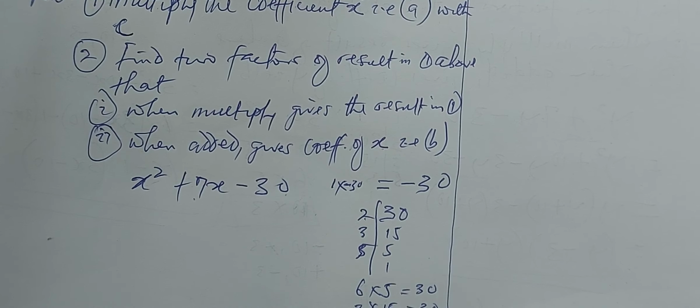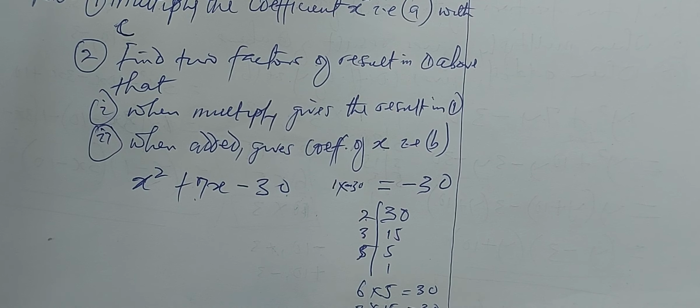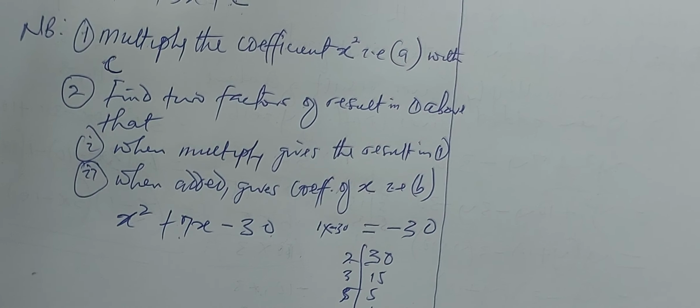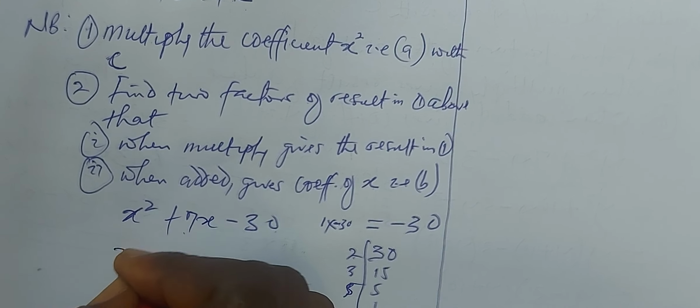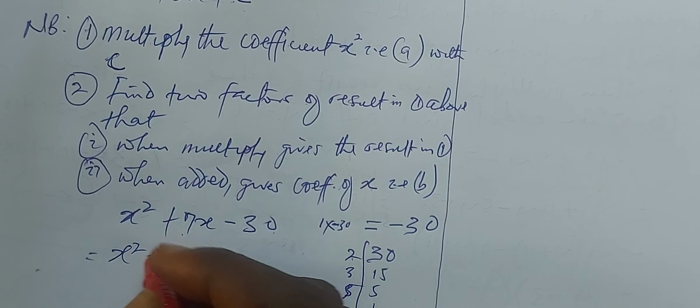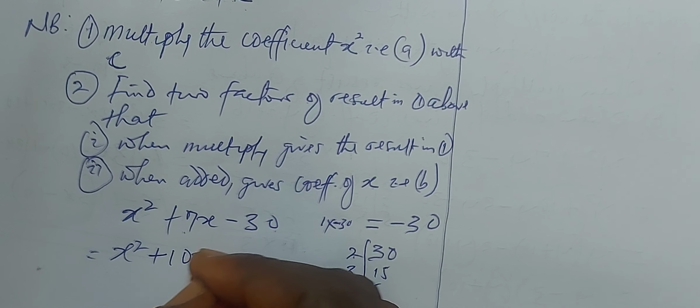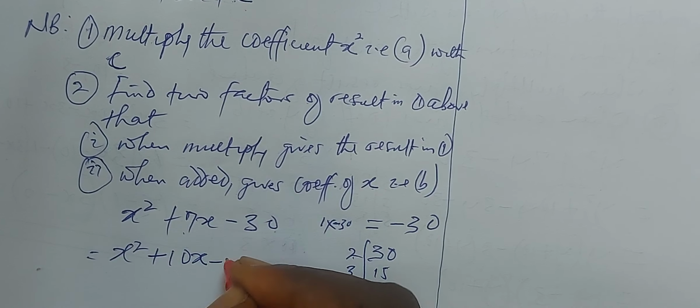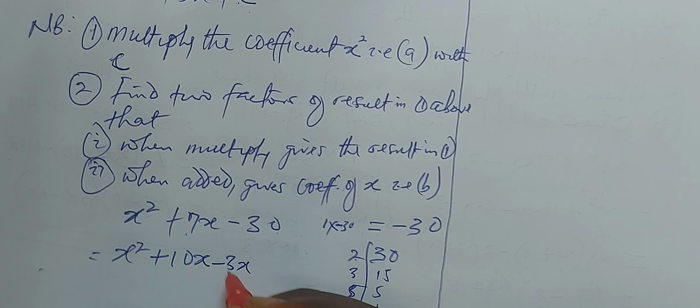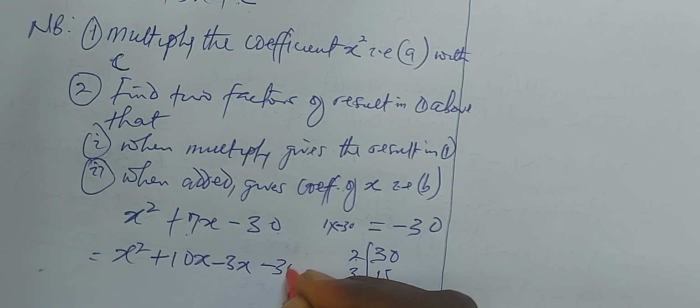We'll now use these as the factors. So we have x squared plus 10x minus 3x, because these two still give us 7x. Then you write your minus 30.